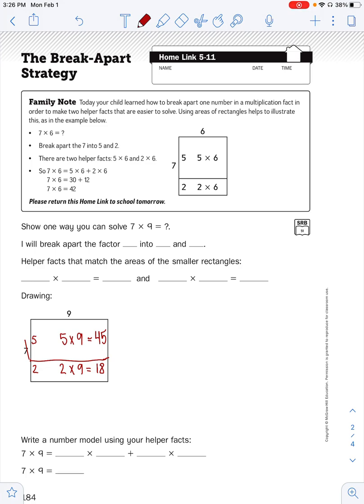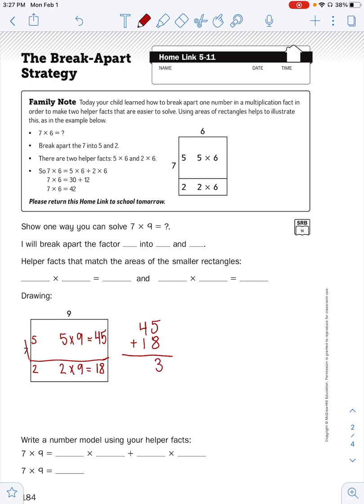I'm not done yet. I still need to add those two answers together in order to get the answer to 7 times 9. So 45 plus 18. So I'm going to look at my ones column first and add up 8 plus 5 is, yep, 13.